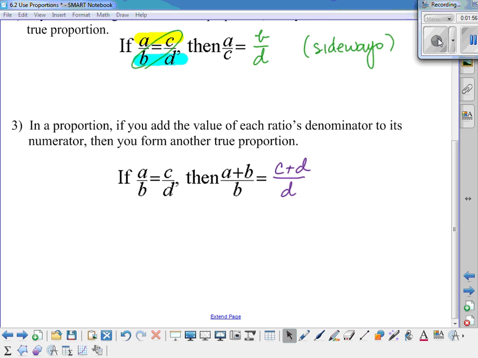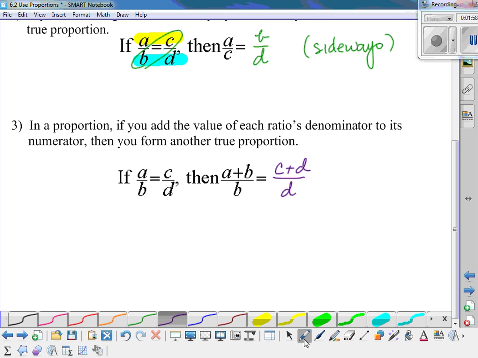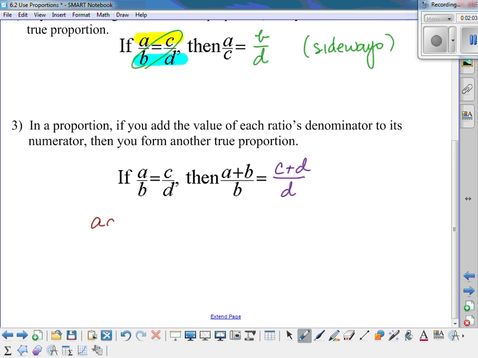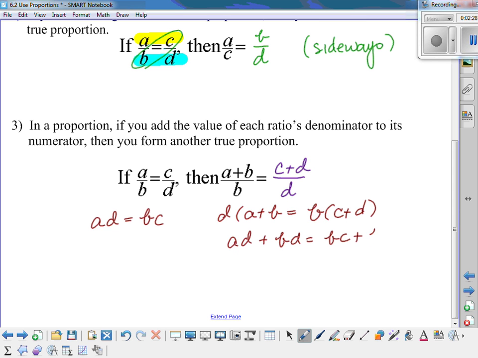If I cross multiply the first proportion, I get A times D is equal to B times C. And if I cross multiply the second proportion, I get D times the quantity A plus B is equal to B times the quantity C plus D. When I distribute, I get AD plus BD equals BC plus BD.